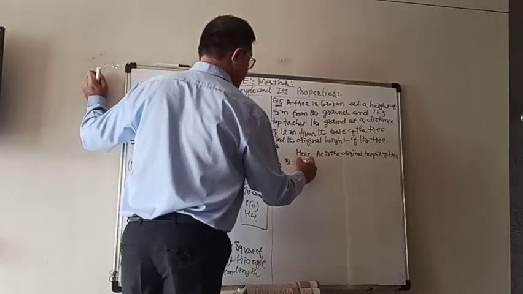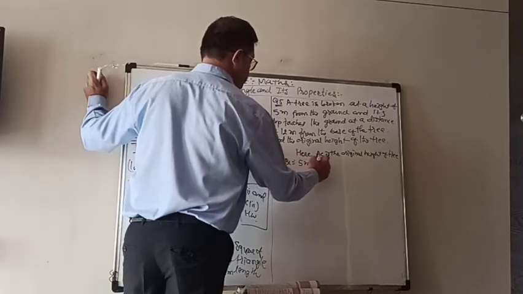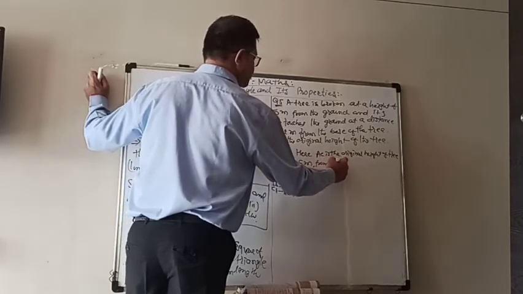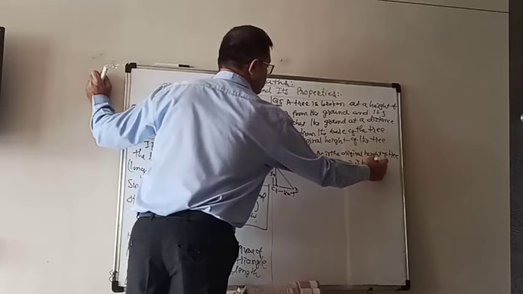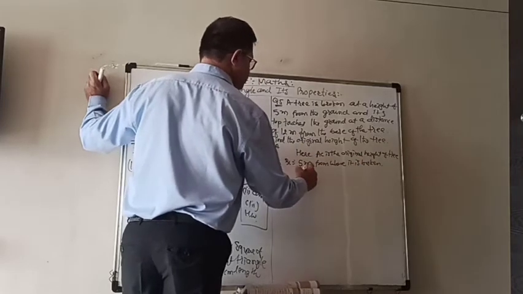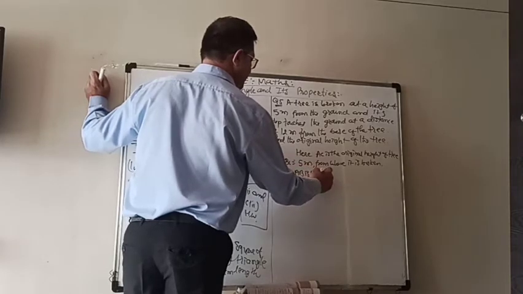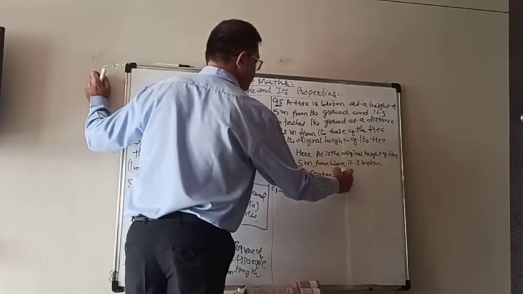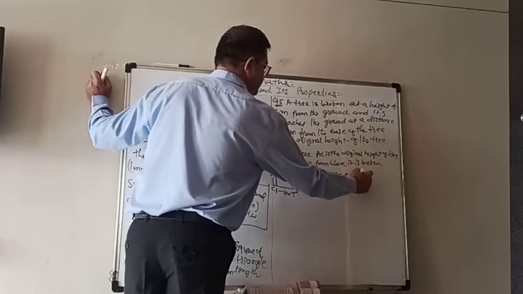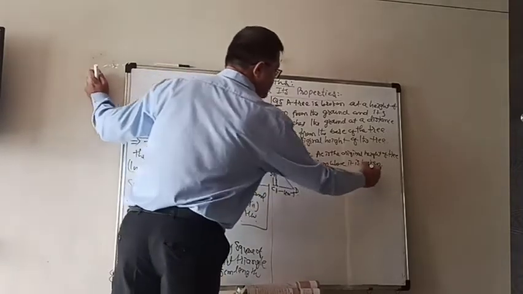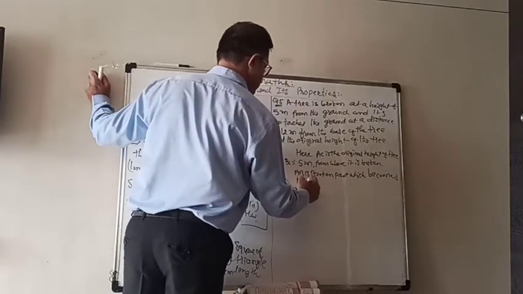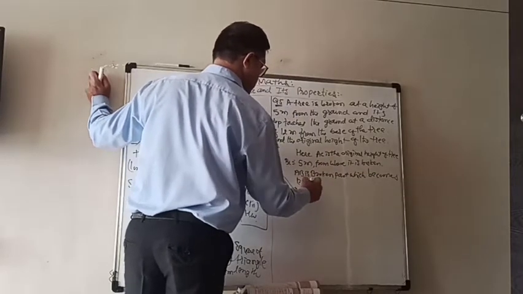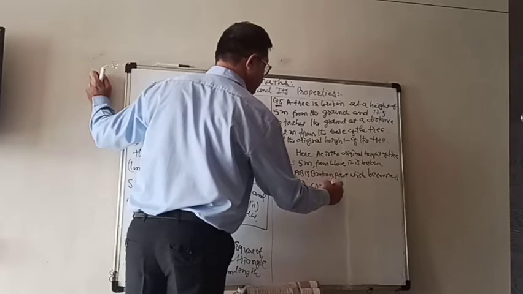BC is equal to 5 meters, from where it is broken. AB is the broken part, which becomes BD. And CD is equal to 12 meters.